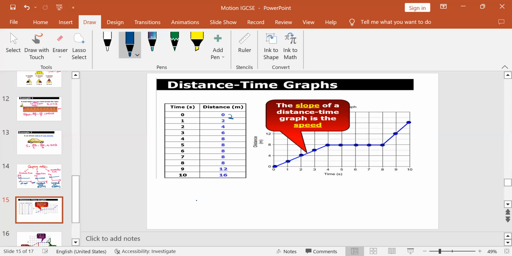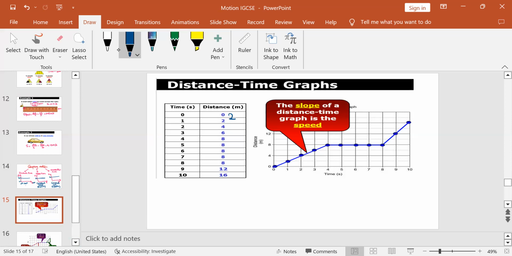From 2 to 4, 2 meters also, right? Again, from 0 to 1, the body covered from 0 to 2. So here the body covered 2 meters.